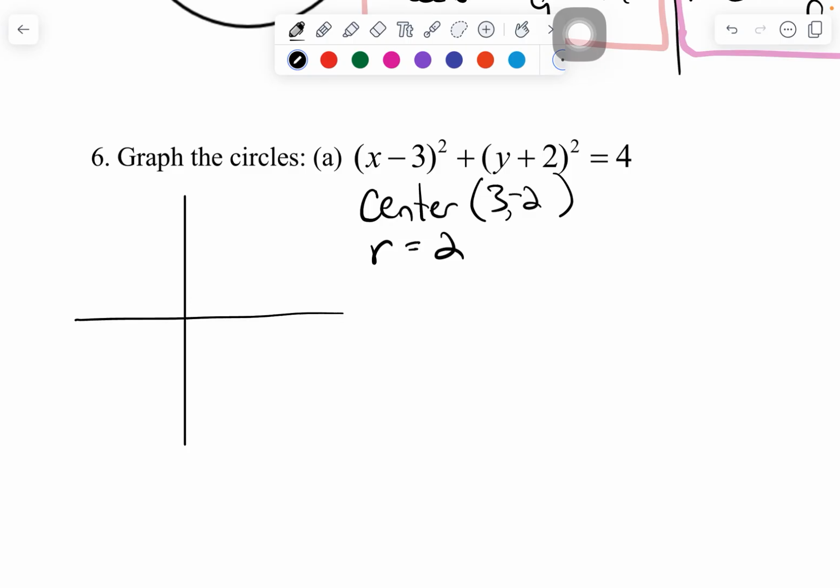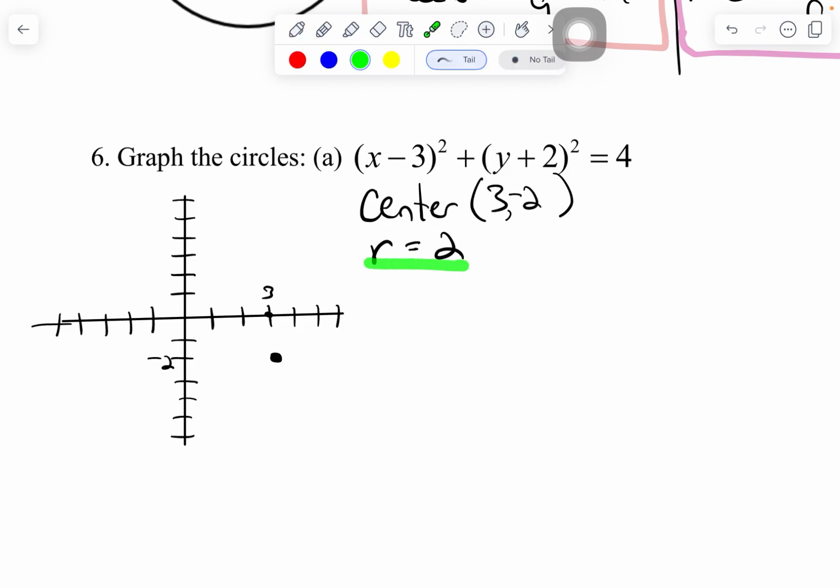All right. Snap those lines in straightish. There, good enough. 2, 3, 4, 5, 6. 1, 2, 3, 4, 5, 6. All right. So we're going to go to +3 on x, -2 on y, and there is the center of my circle. And then I want to count my radius, 2 up, 2 down, 2 left, 2 right, to find the edges of my circle.